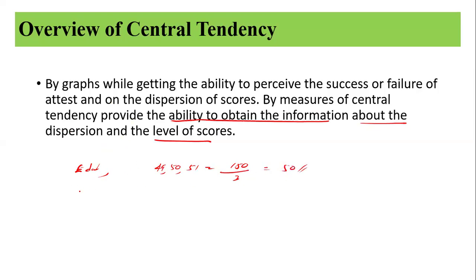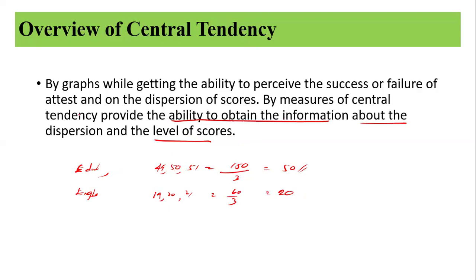Another subject, assume English, there are 3 students who earn marks 19, 20 and 21. The summation is 60, divide into 3, 20 marks. Okay, 20 marks, the mean or the average value.